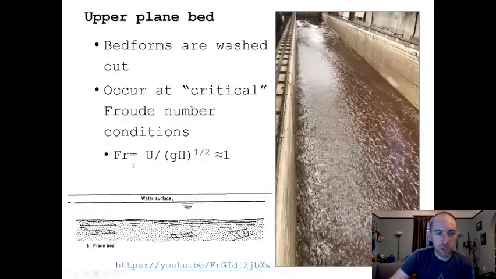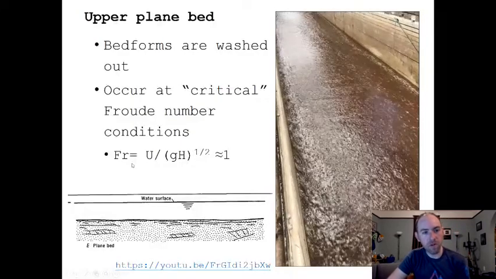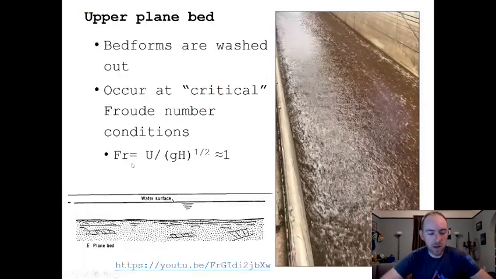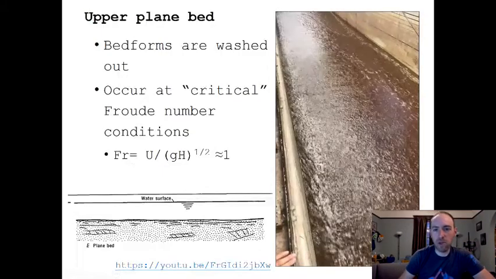When Froude numbers are about 1, we refer to that as critical, and that is when you get this upper stage plane bed condition.